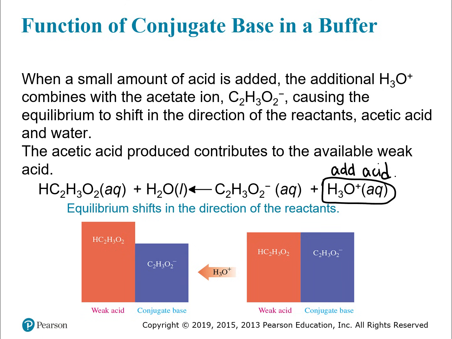Then you're going to shift the equilibrium to make more of your weak acid. So we're going to shift to make more acid, which means that you're going to have something that's slightly more acidic.